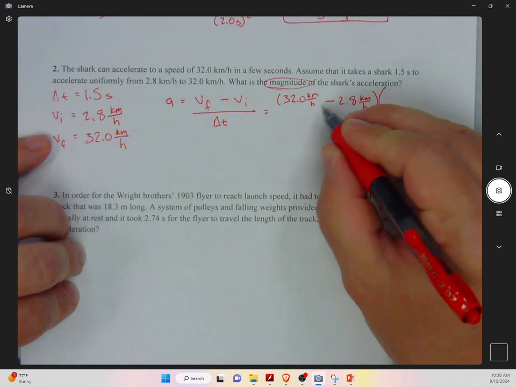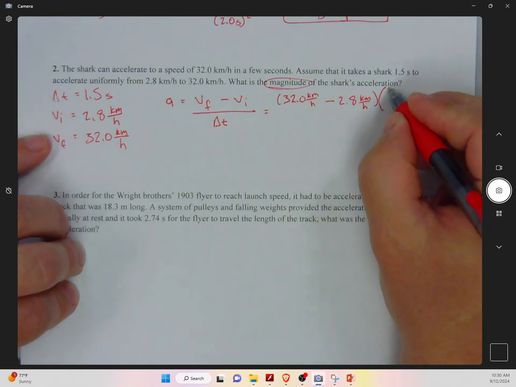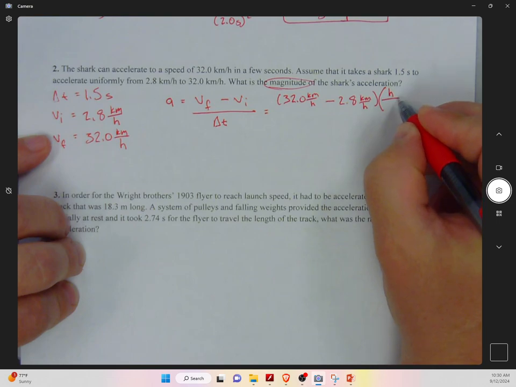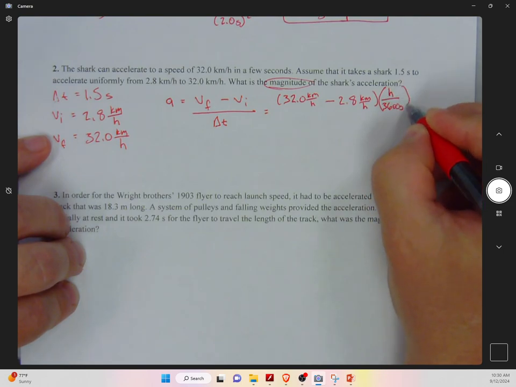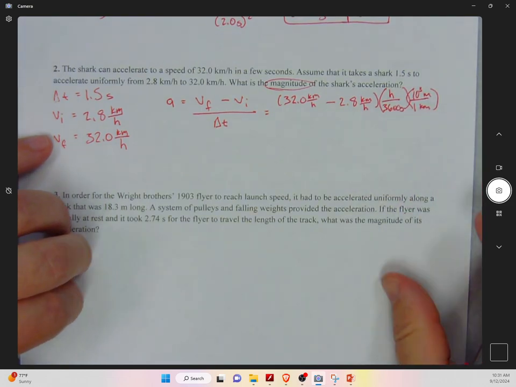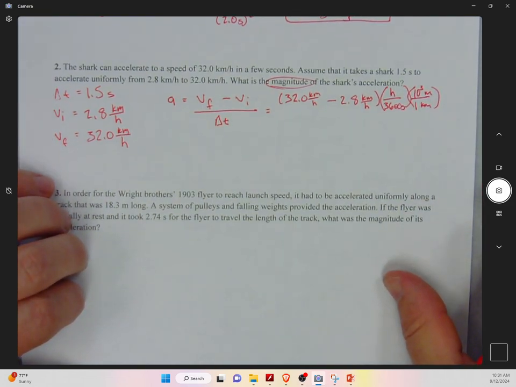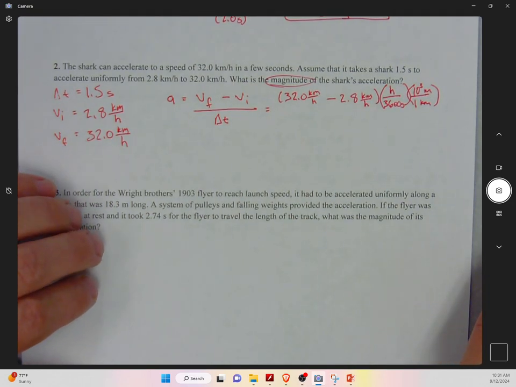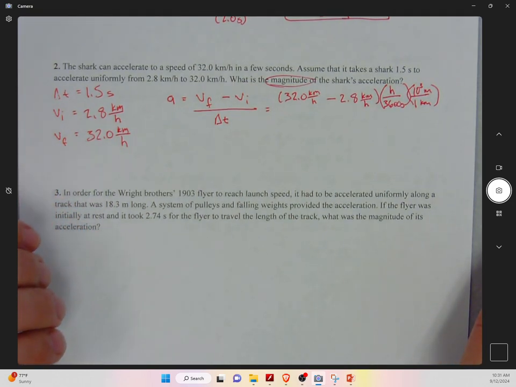Remember, in order to cancel out these hours, I need hour on the top. And I'm going to go into per second, so I'm going to have 3,600 seconds on the bottom. And I want to convert out of kilometers and into meters. So every 1 kilometer has 10 to the third, or 1,000 meters. Hopefully that's big enough for you guys to see. And that will make my units become meters per second.